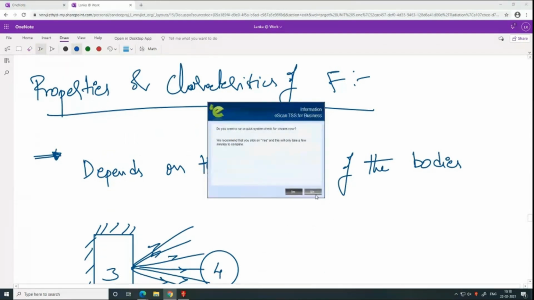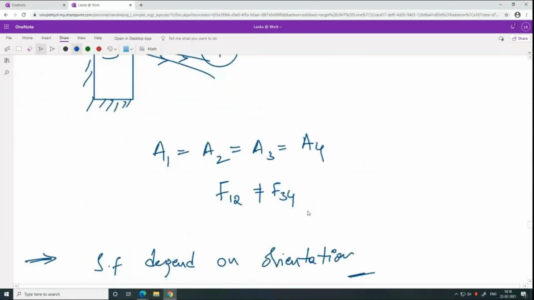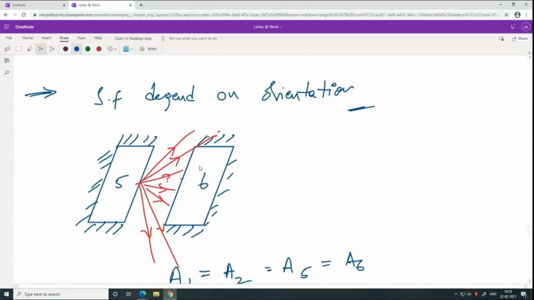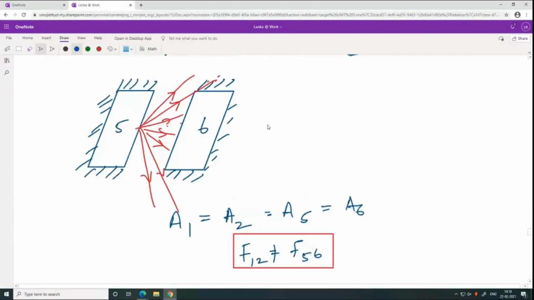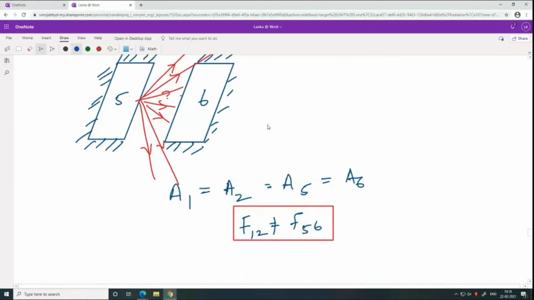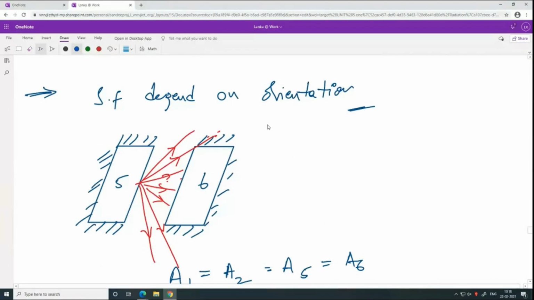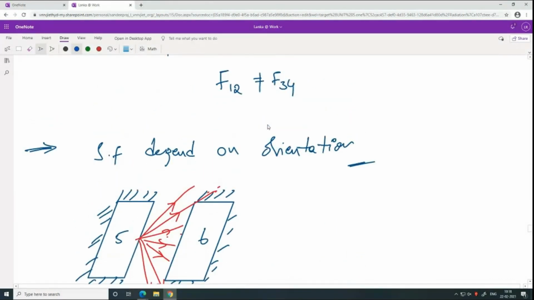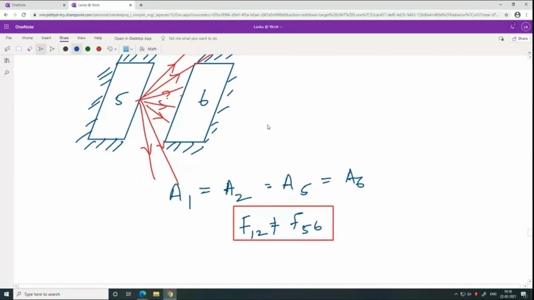Shape factor will also depend on the orientation. The same bodies 1 and 2, if I have inclined, that is A1 is equal to A2 is equal to A5 is equal to A6, then F12 will not be equal to F56. So this is the second property of shape factor: it will depend on the orientation.